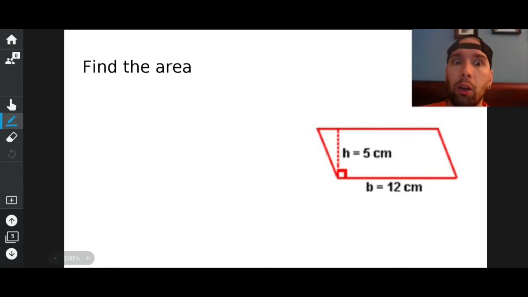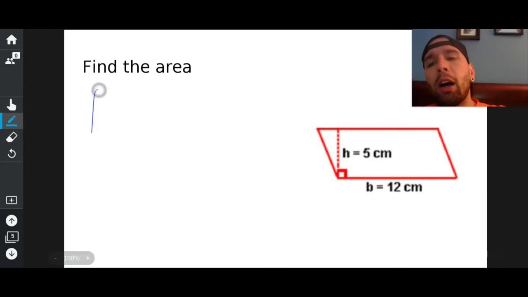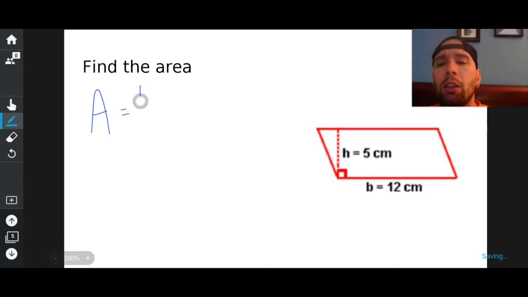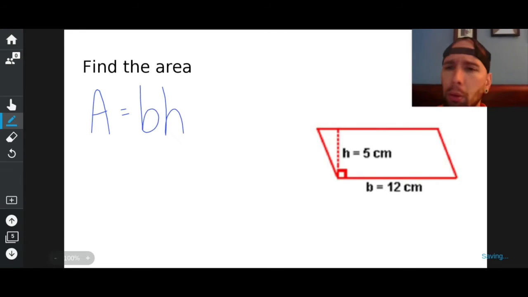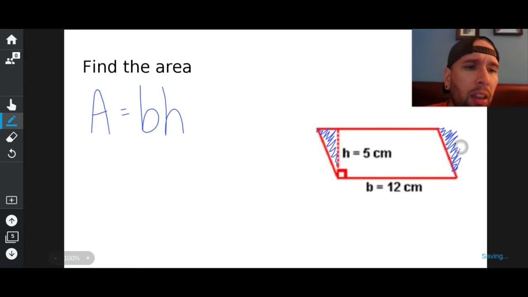A parallelogram. Well, if you remember, the area of a parallelogram is base times height. And if you're like, but why is it the same? If I were to take that chunk right there and move that same exact chunk into that area right there, and just pretend that the triangle on the left is not there anymore, I end up with a rectangle.